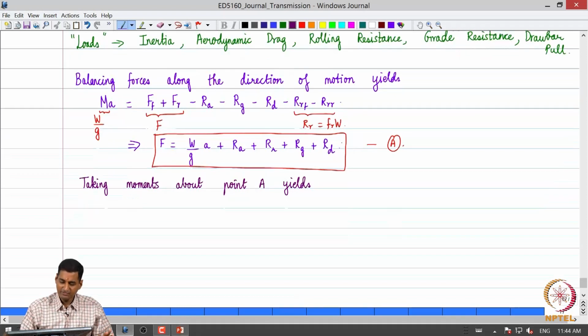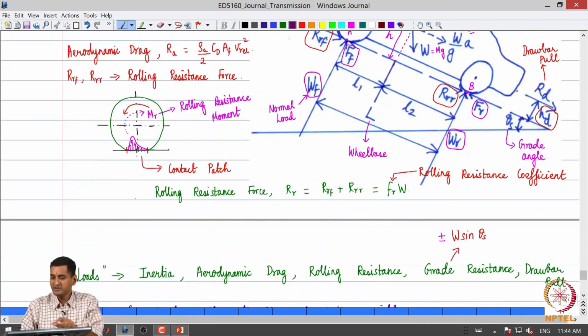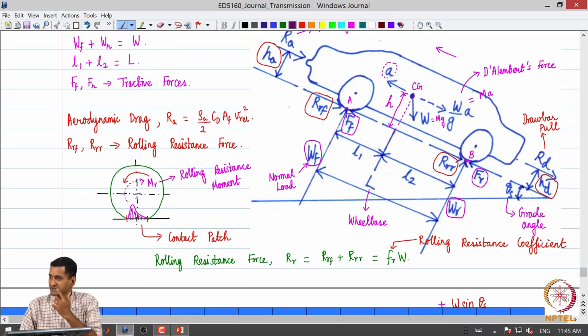So, if you look at it, when we take moments about point A, WR times L is going to be a counterclockwise torque, right. Do we have any other counterclockwise torque due to any other force?